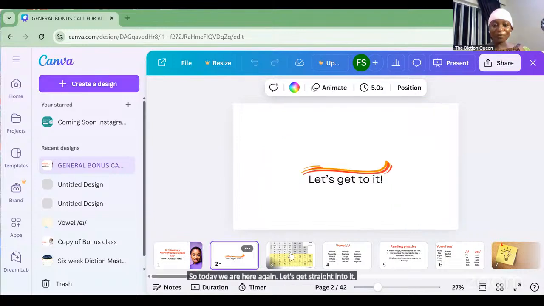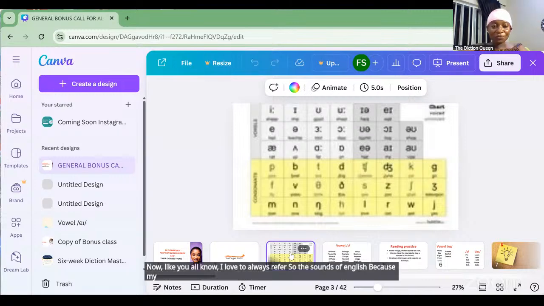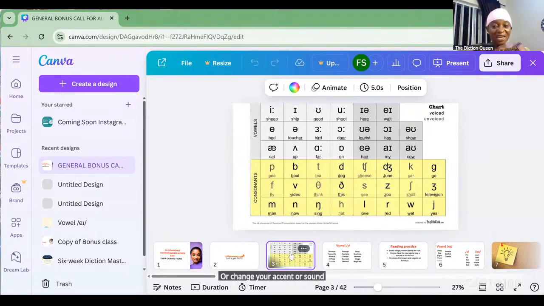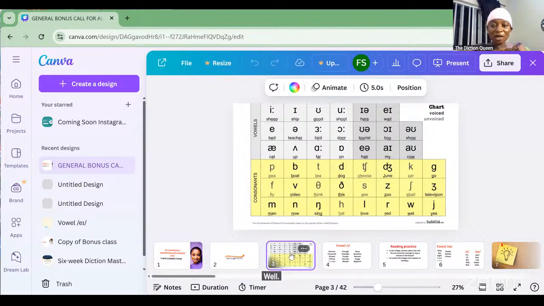Now, like you all know, I love to always refer to the sounds of English because my goal as the diction queen is not to make you speak foreign or change your accent or sound fake. It is mainly to help you sound like who you are while pronouncing English words correctly.